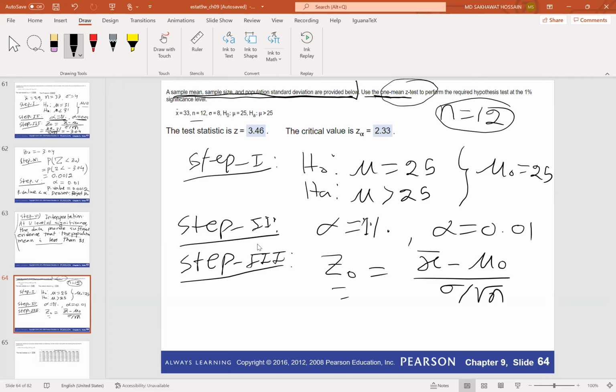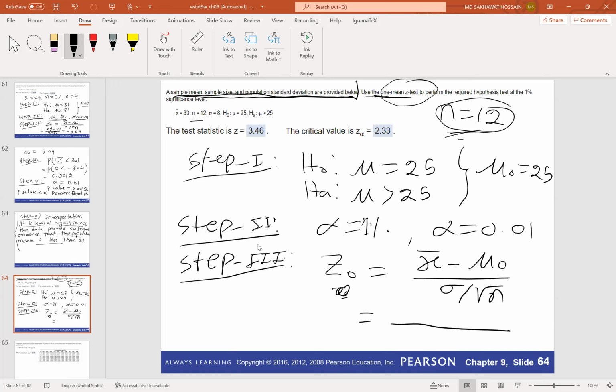That means we are assuming that the population distribution is normal. If we do not have this assumption, then we cannot use the z-test, because the sample size n is 12, which is very small.